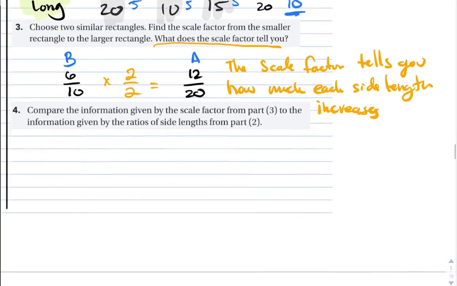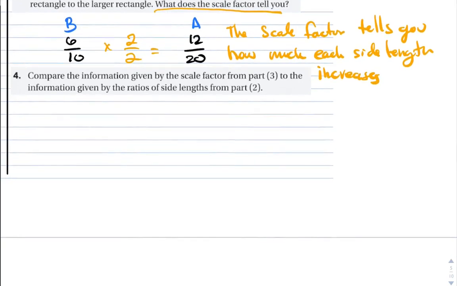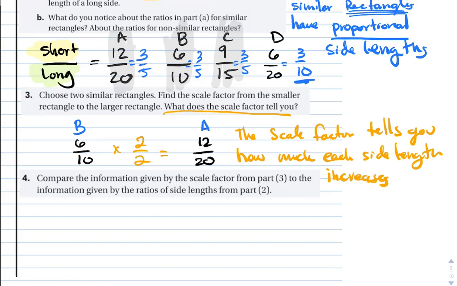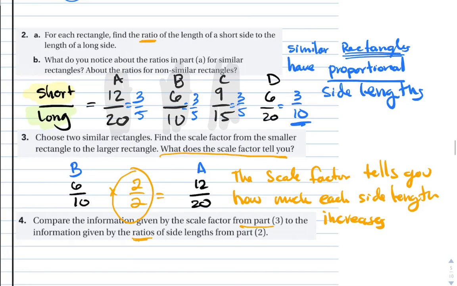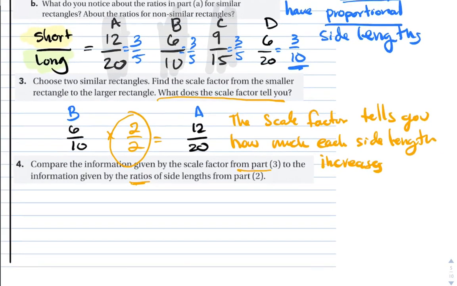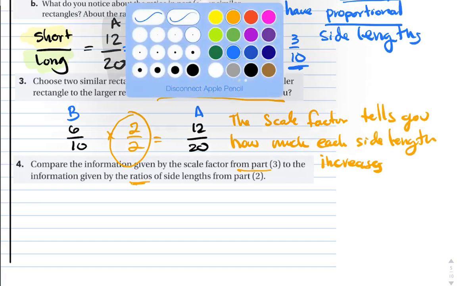Okay. Number 4 says, compare the information given by the scale factor in part 3 to the information given by the ratios of the side lengths in part 2. I think we already did that, but let's rewrite it anyway.